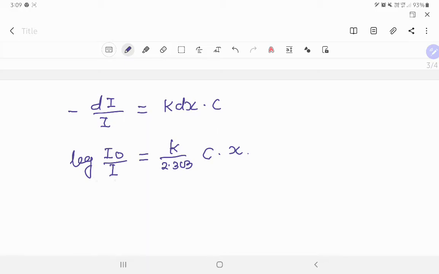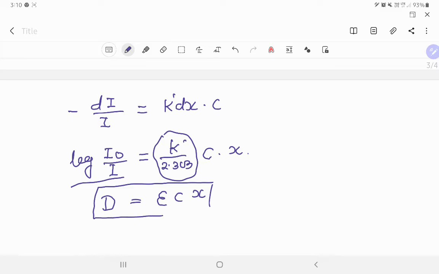This log of I0 upon I is called the optical density. D is equal to k dash upon 2.303, which is constant, we can say it is epsilon, C x. This is the Beer's law, mathematical statement of Beer's law.